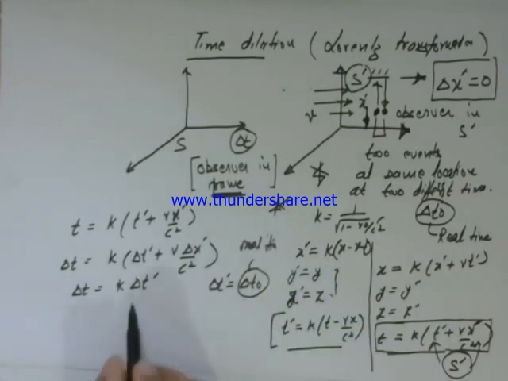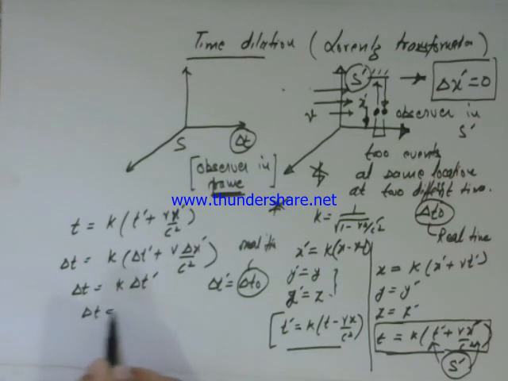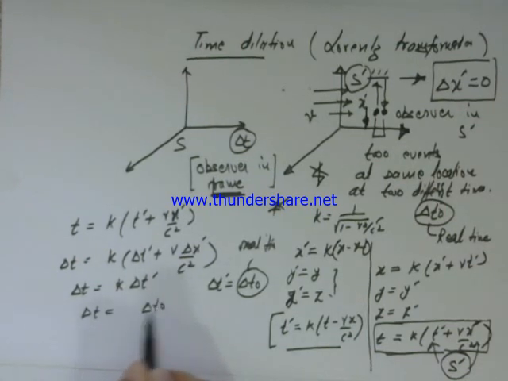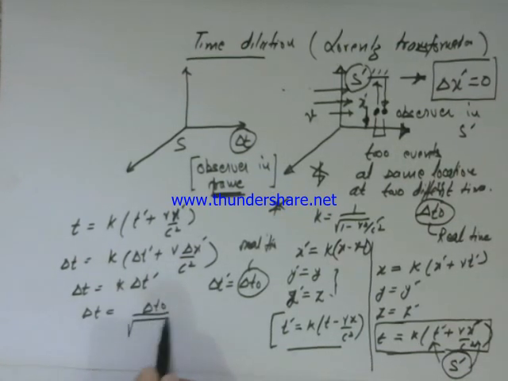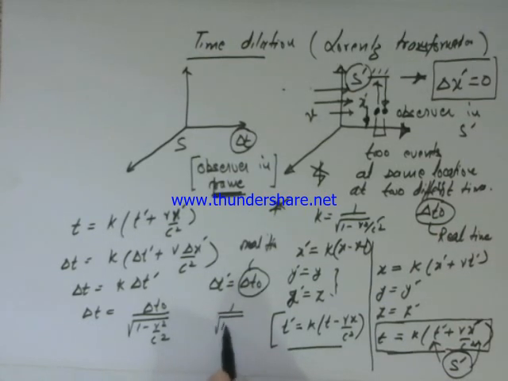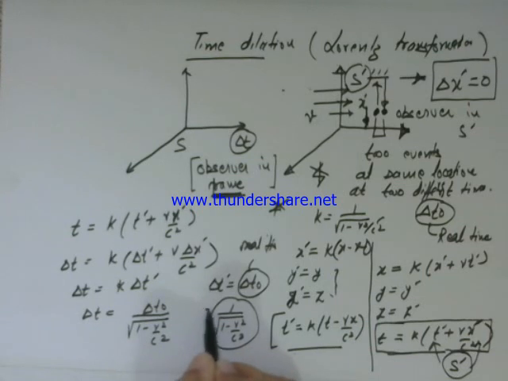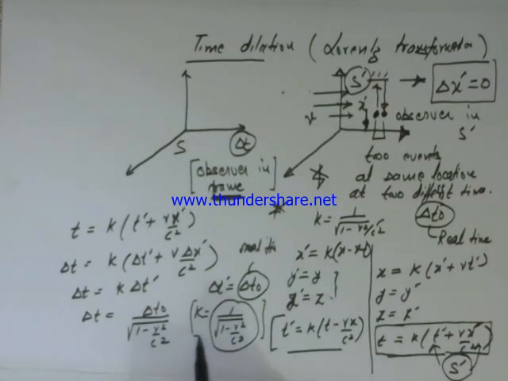Now the value of k we know, so delta t is delta t0 upon under root 1 minus v square upon c square. Because of this factor of 1 upon under root 1 minus v square upon c square, which we call k here, or we can also call it gamma, this factor is greater than 1.